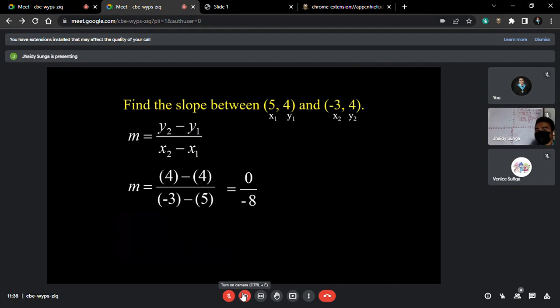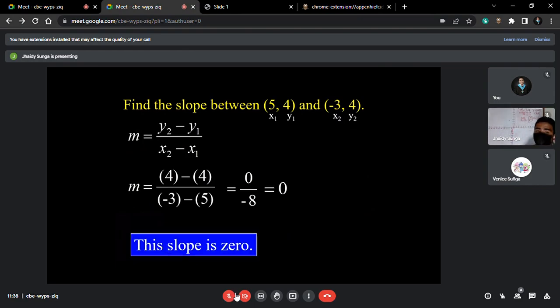Are we going to stop? The slope for this one is 0. In any fraction, if we have 0 in the numerator, the value will be 0. 0 divided by something, the answer will be 0.